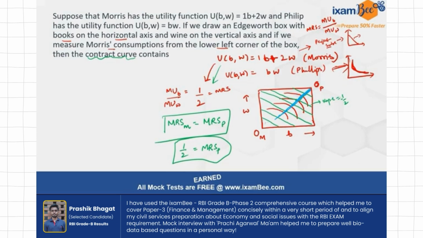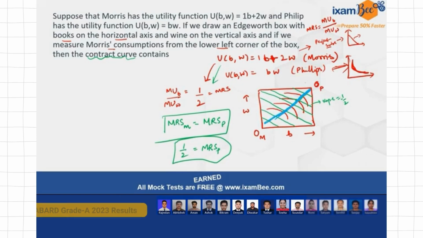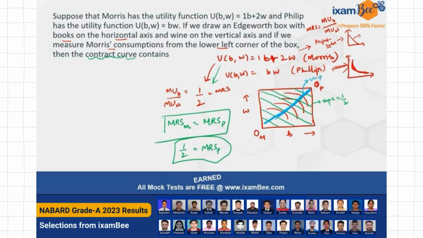I hope this was clear. So this line should have slope of half. This will be my contract curve.